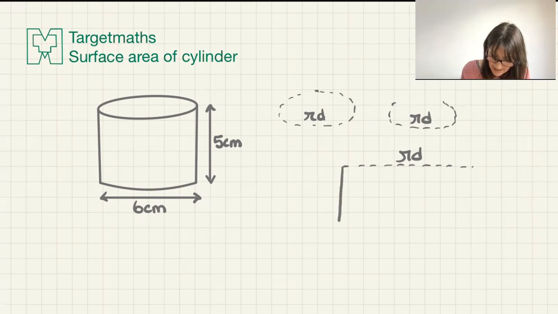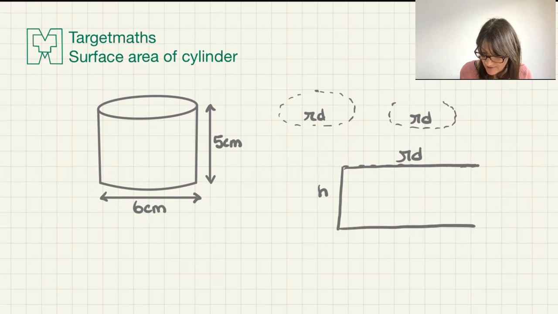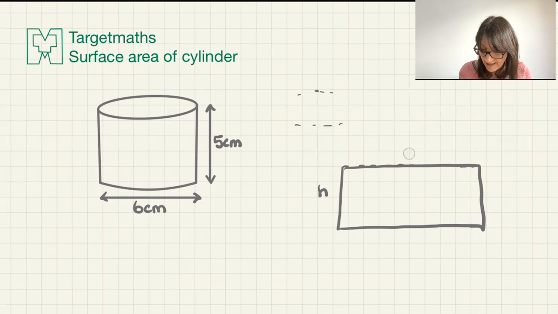This length here is the height of my cylinder. So when I unravel the curved surface, it turns into a rectangle where the top is the circumference, so it's pi d, and the side is the height of the cylinder. And that's what we need to use when we are working out.